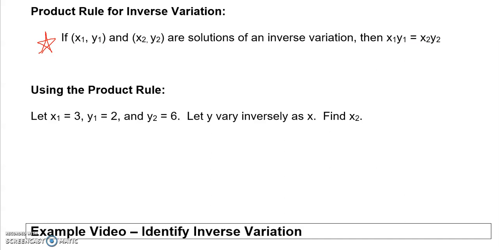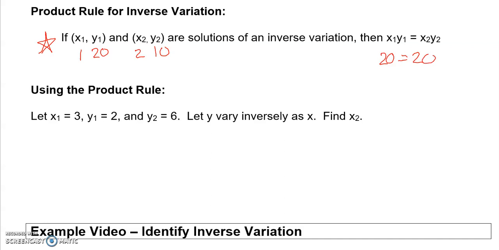If x1 is 1, y1 is 20, x2 is 2, and y2 is 10, when we multiply each of those together, they equal one another, which was 20. That's all the product rule is saying.